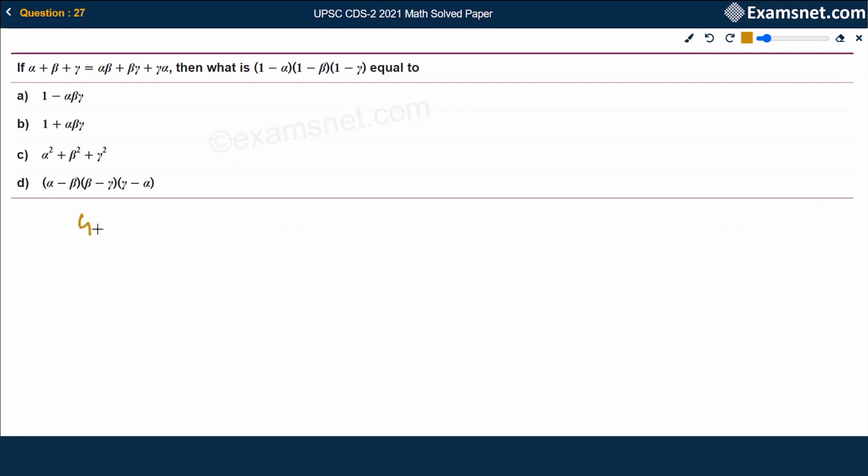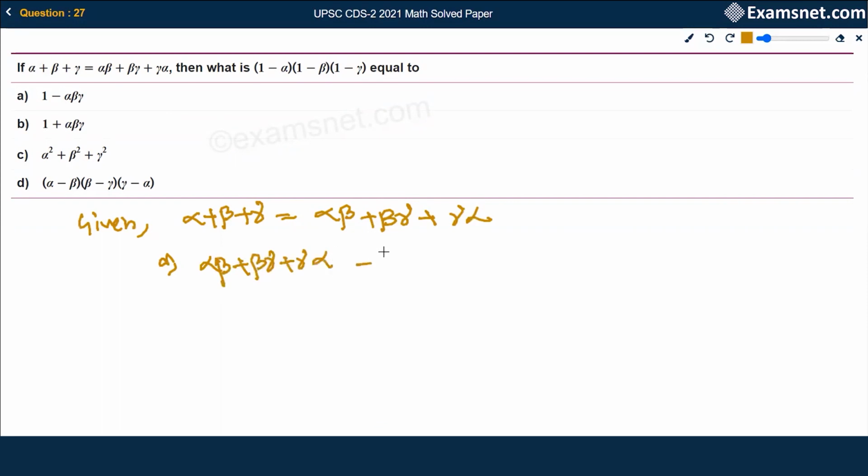First, we will write the given information: alpha plus beta plus gamma equals alpha beta plus beta gamma plus gamma alpha. After putting all of them on one side, we will get 0. Let's name it equation number 1.